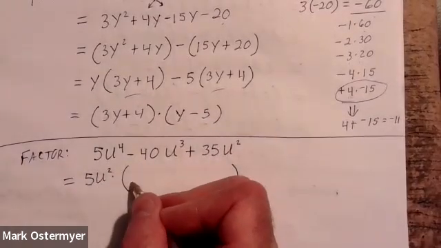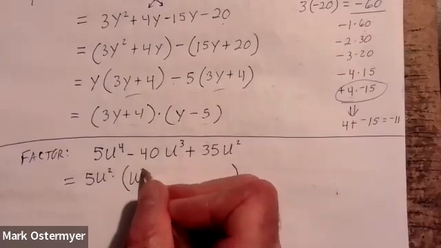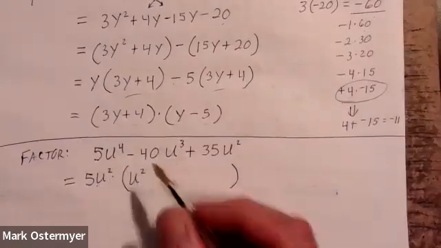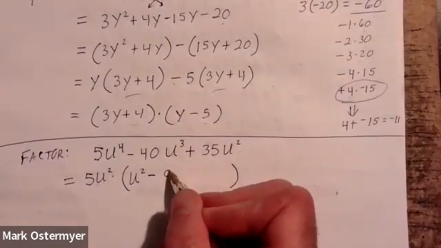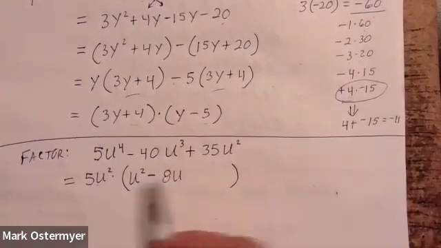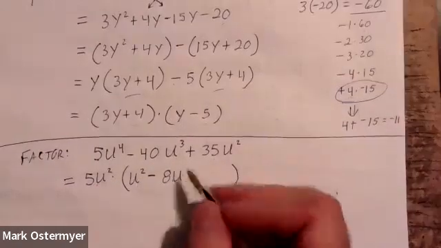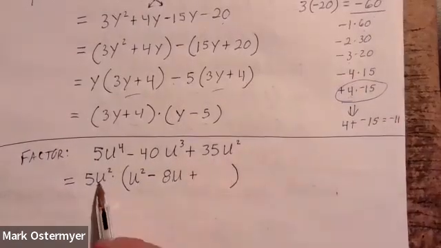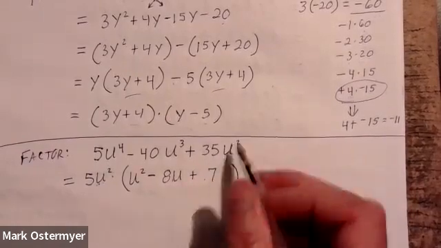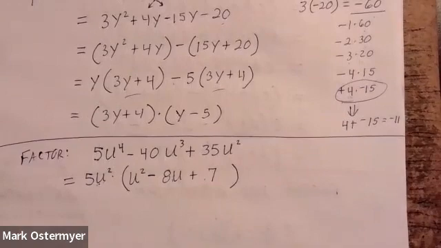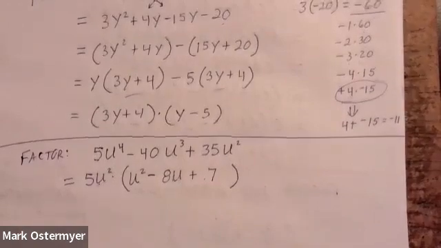Well, 5u squared times, it looks like u squared would give me back 5u to the 4th, minus 5u squared times, it looks like 8u would give me back my 40u cubed, plus 5u squared times 7 would give me back my 35u squared. All right, so we got that factored like that.